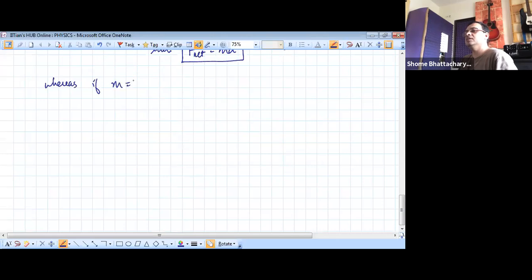If mass is variable, on the other hand, but velocity is constant, then we can write delta P by delta T as rate of change of mass with respect to time into velocity.